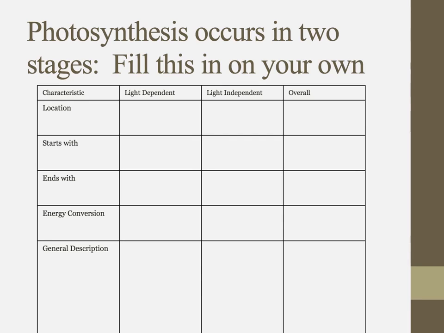Okay, the light-dependent reaction takes place in the thylakoids. It starts with water, and we also have ADP and NADP, and that's it. Okay, this process is going to release oxygen.